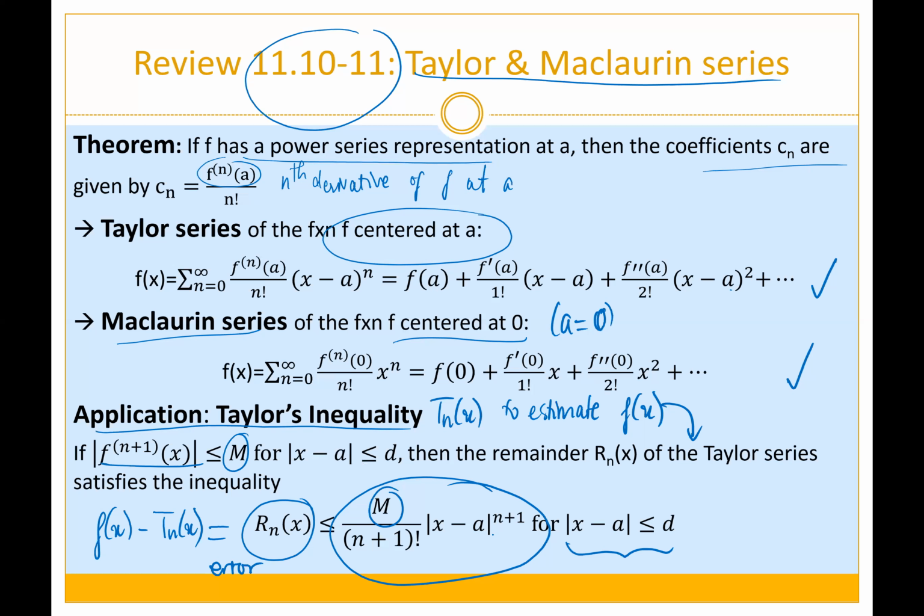Then you have x minus a to the n plus 1, where the absolute value of x minus a has to be at most its max on the interval of convergence.